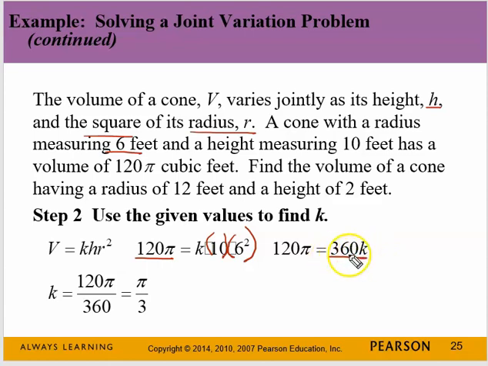So dividing both sides by 360, this goes into there once, this goes into there 3 times. So you end up with, in a sense, 1 pi over 3. You don't write the 1. So pi over 3 is our K value. So we're now going to put volume equals pi over 3 h r squared.